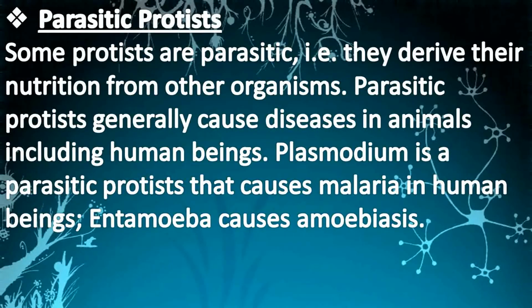Some protists are parasitic, that means they derive their nutrition from other organisms. Parasitic protists generally cause diseases in animals, including human beings. Plasmodium is a parasitic protist that causes malaria in human beings. Entamoeba causes amoebiasis.